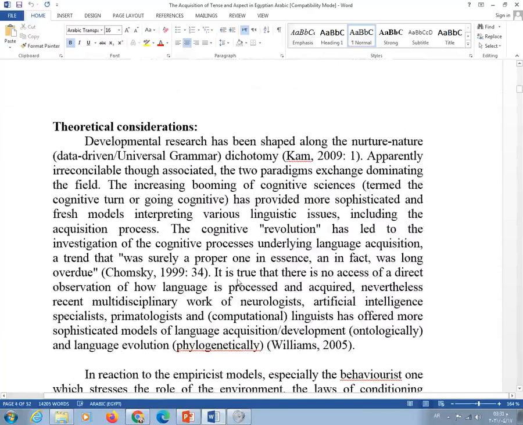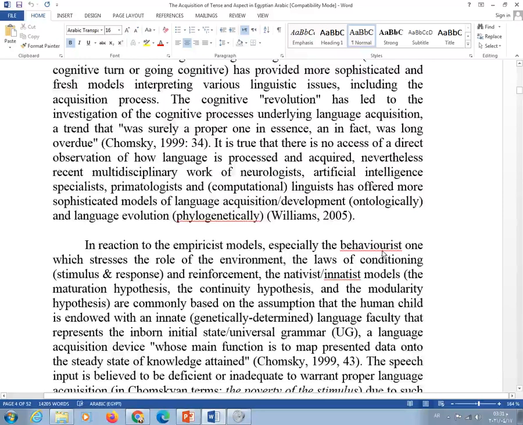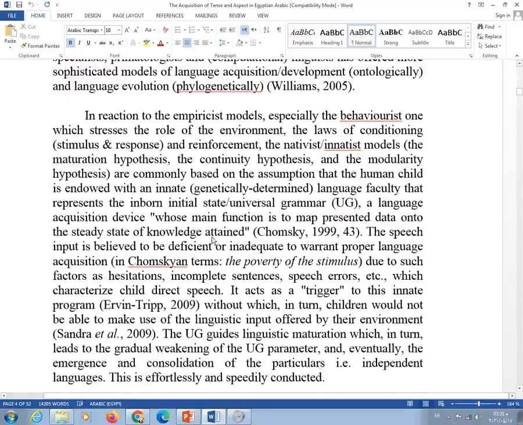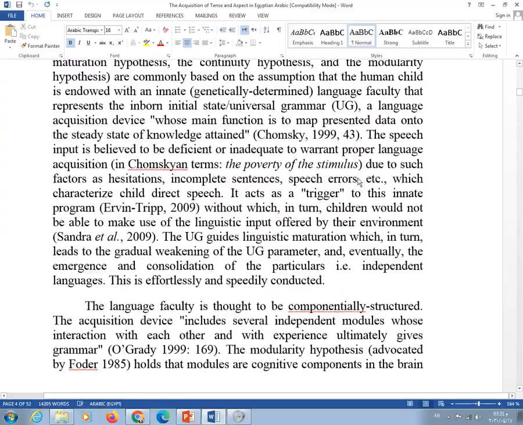Then we talk about the behaviorist paradigm, and stimulus and response conditioning, and then the maturation hypothesis, Chomsky, and the poverty of the stimulus, which has to do with the speech input being believed to be deficient or inadequate to warrant proper language acquisition, due to such factors as hesitations, incomplete sentences, and speech errors, which characterize child-directed speech.